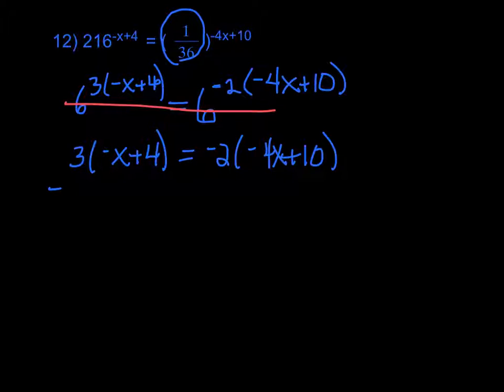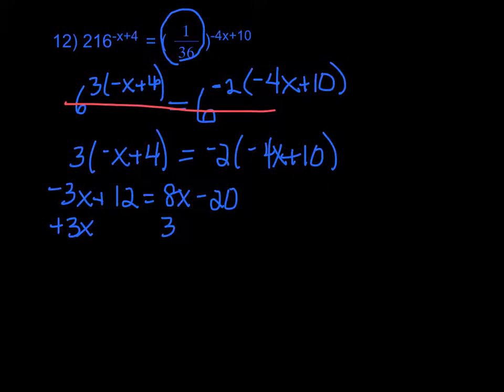So we're going to get negative 3x plus 12 is equal to 8x minus 20. Right? So how about we start by bringing this 3x over to the right. And you know what? Because I'm lazy, at the same time, I'm going to add 20 and add 20. Okay, which will cancel those guys out.